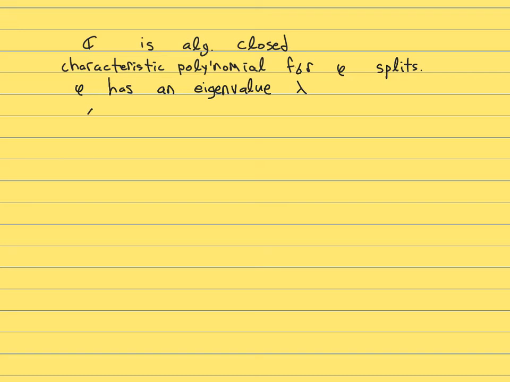Now, it's not too hard to see that a scalar of the identity matrix is also G invariant. And so you can check that phi minus lambda I is G invariant. Only now you can definitely check that on at least some vectors, this thing is going to be zero.